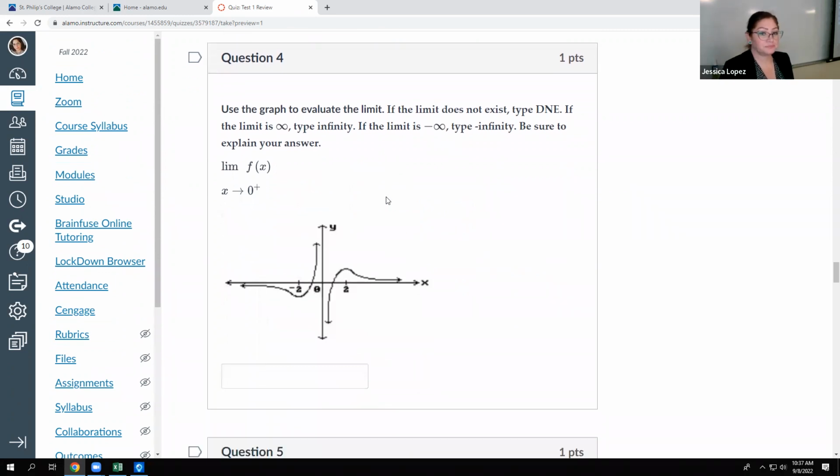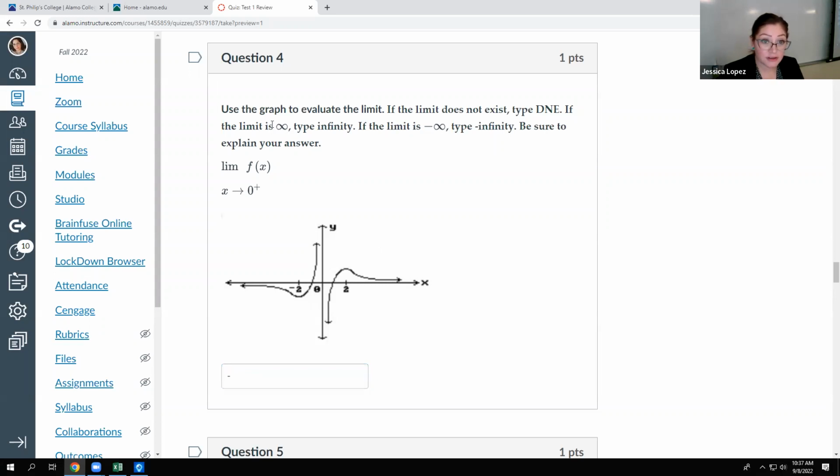What about this one? I'm approaching 0, but from the right side, right? So when I follow it from the right, going towards 0, it goes down, down, down, right? So it would be -infinity. And you can type in negative, and I don't even think the little text box pops up for me to type that little symbol.